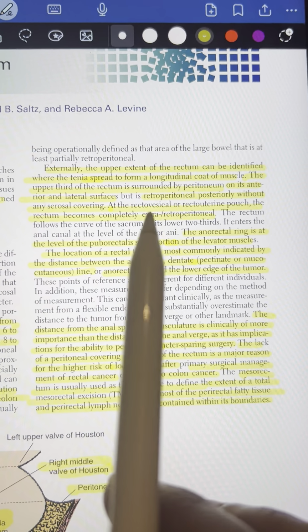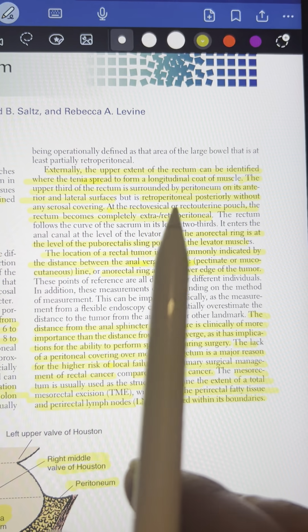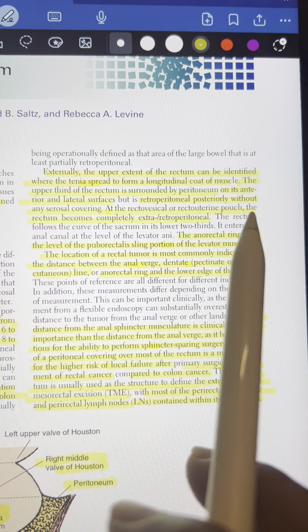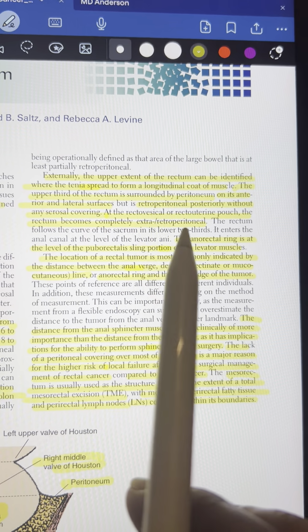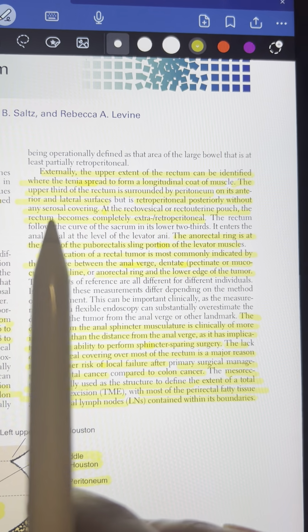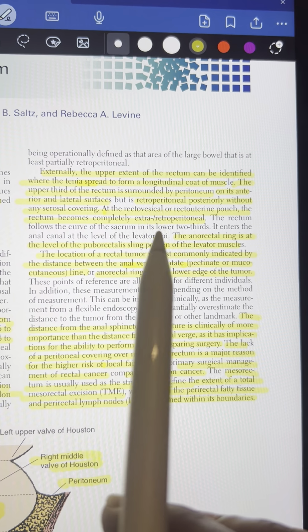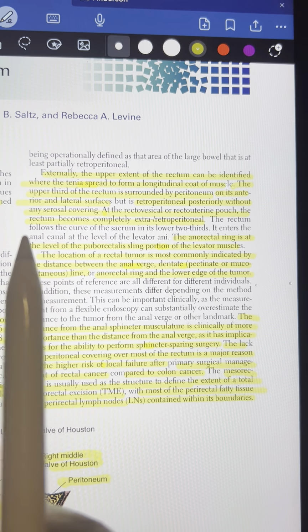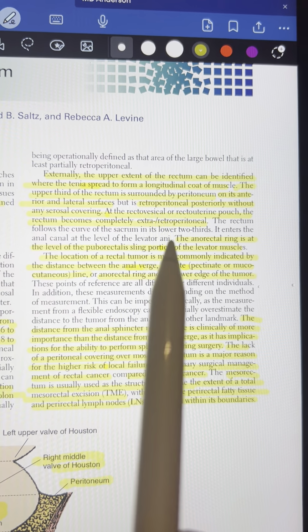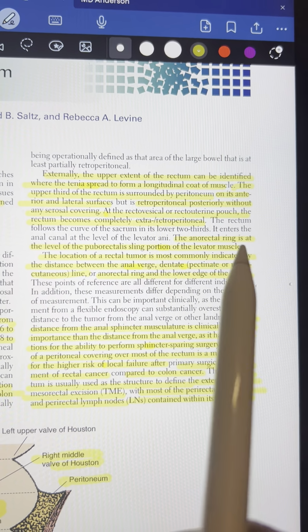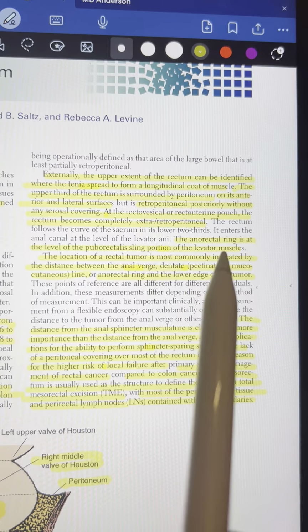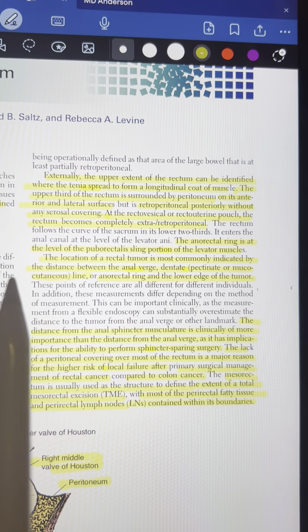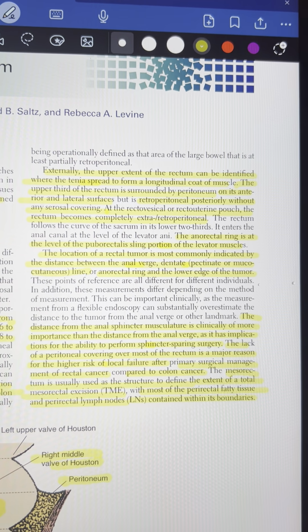At the rectovesical or rectouterine pouch, the rectum becomes completely extraperitoneal. The rectum follows the curve of the sacrum, and its lower third enters the anal canal at the level of the levator ani, and the anorectal ring at the level of the puborectalis sling portion of the levator muscles.